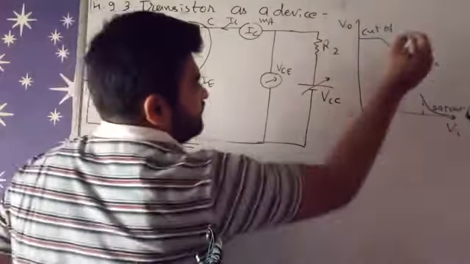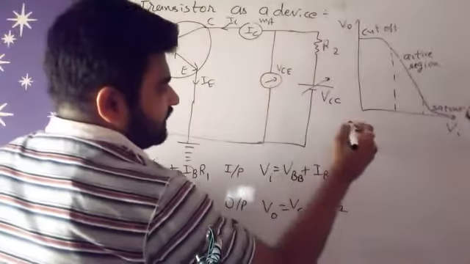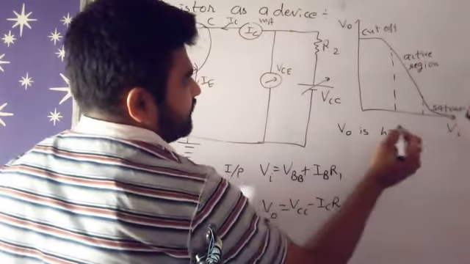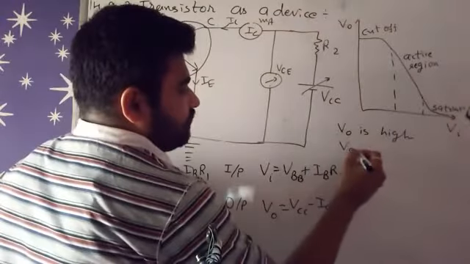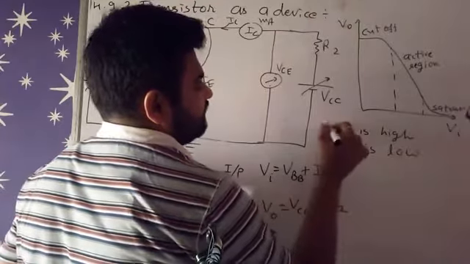Now see, from this graph we can observe that when VO is high, VI is low. This is the first observation.